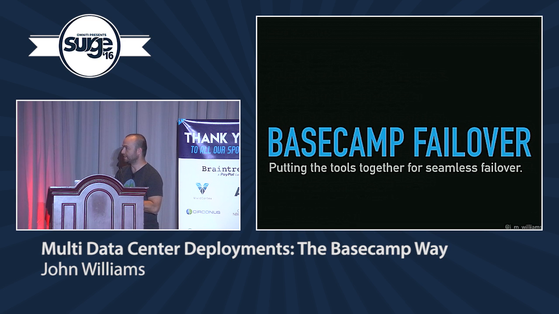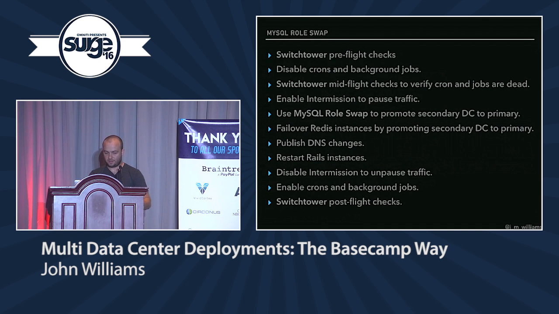I guess kind of putting this all together, this is what Basecamp failover ends up looking like. This is a rundown of what we do to fail over from one data center to the other. First we run, as we saw, the switchover pre-flight checks.